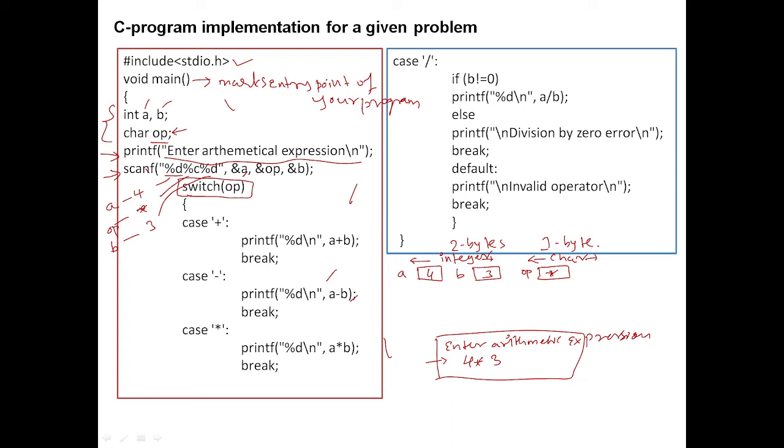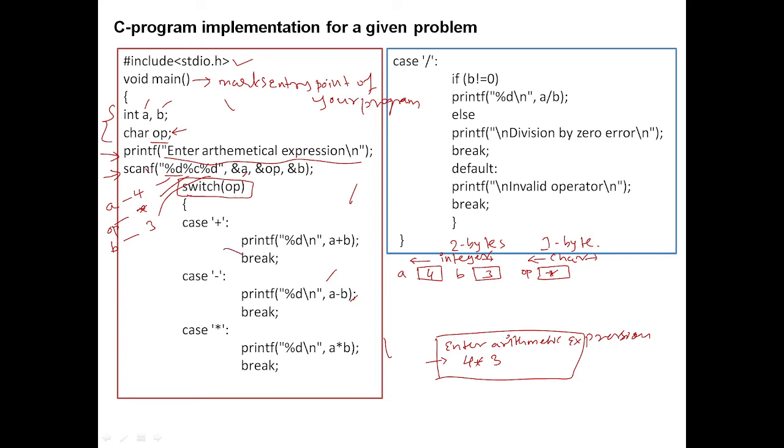At a time only one particular operation will be performed. The switch statement is a multi-way selection, conditional statement, which will select only one particular case out of many cases.